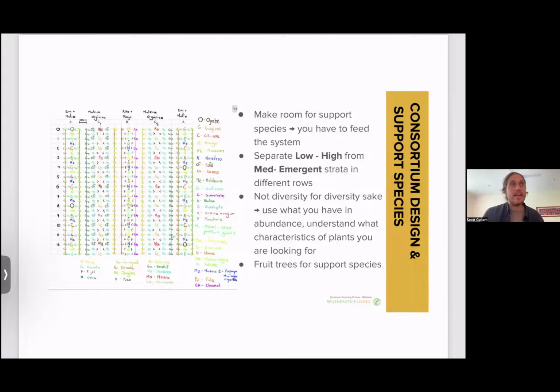The key here, and what we really are trying to help people do, is that you really just have to plant a lot of things. What we encourage is to spend a lot of time thinking about those target crops. Those are things that are going to feed you and make money for you. All of these other species are just there to move the system along in succession. So we're really focused on what we have in abundance, and sometimes that might surprise us.